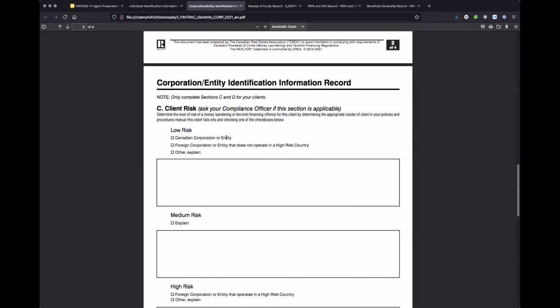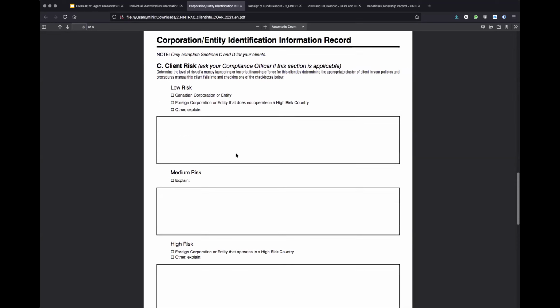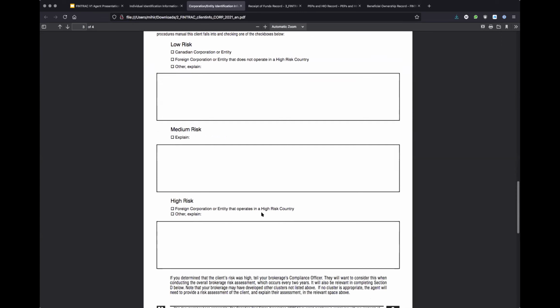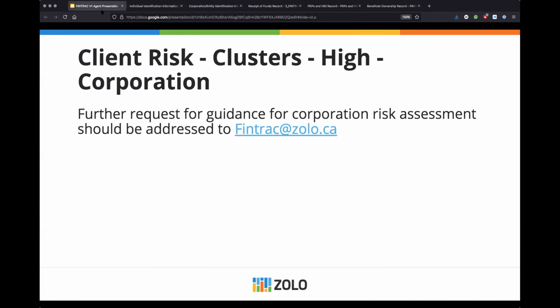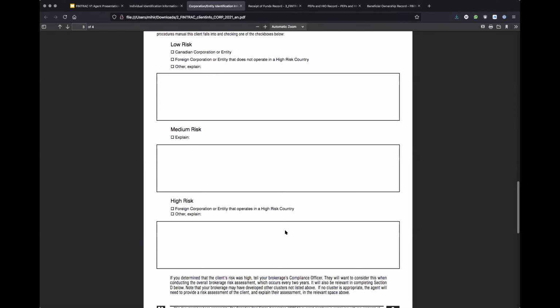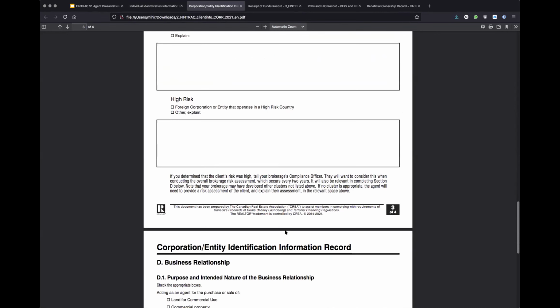So Canadian corporations or foreign corporations that do not operate in high-risk countries are low risk. There is no definition of medium risk, so you will probably never be using this. And then high risk is, of course, going back to my previous slide, any corporation which meets this criteria will be a high-risk transaction.